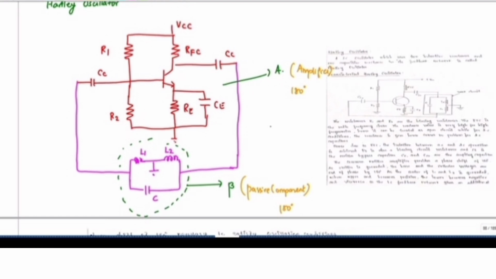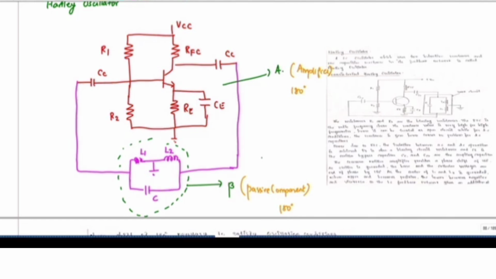On solving the equation, I get the frequency equal to 1 divided by 2 pi root of (L1 plus L2 plus 2M) C. L1 and L2 are the inductances of the coils, M is the mutual inductance between the coils, and C is the capacitance. This tank circuit forms the value of beta, and it is a passive circuit. What does passive circuit mean? It consists of resistance, inductance or capacitance.